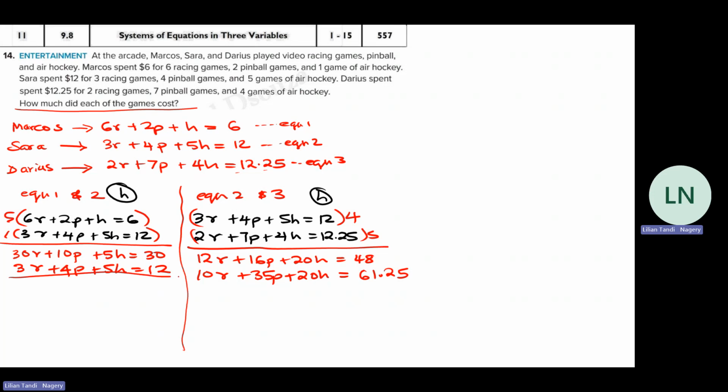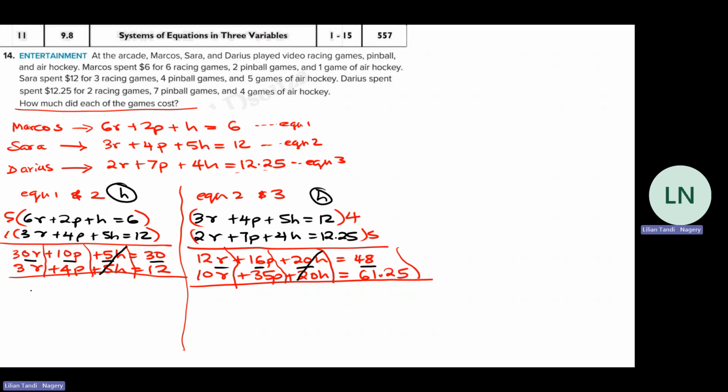And what are we eliminating? H. So we will subtract our H's. Subtract your H's. And notice when I am doing that step, I am using a different color. This way, in my mind, I can clearly see what I am doing.